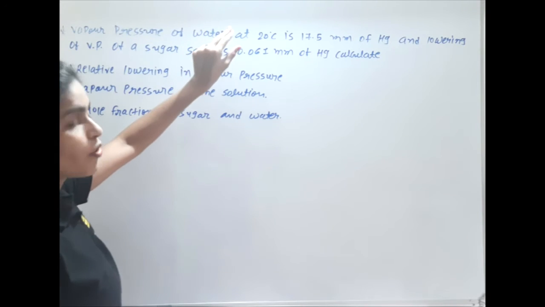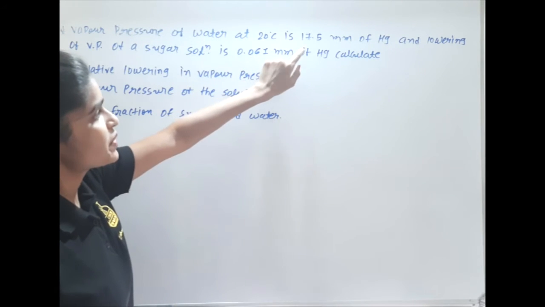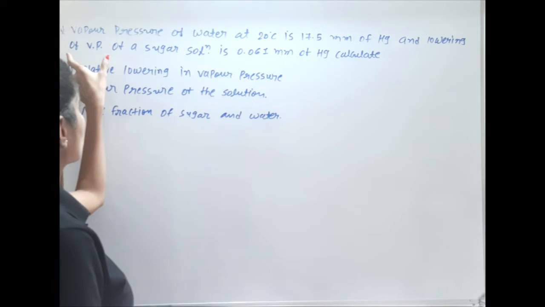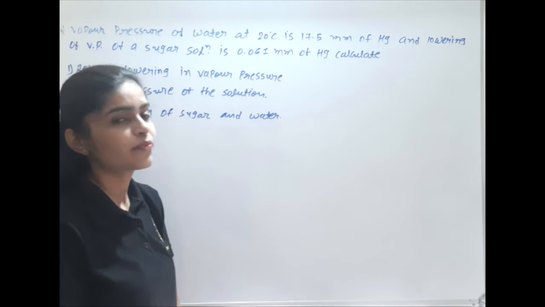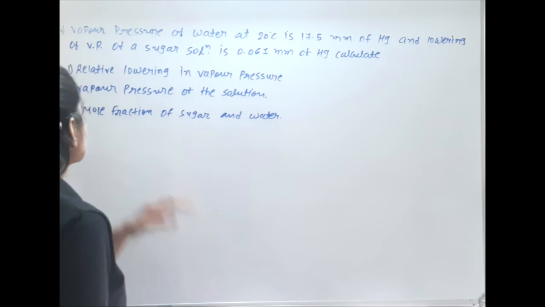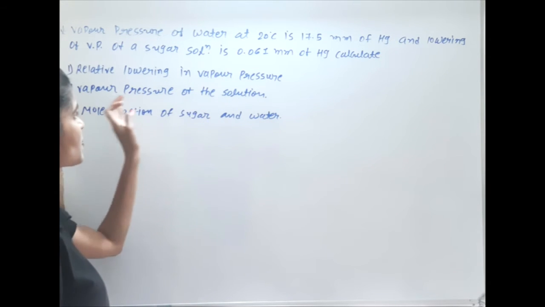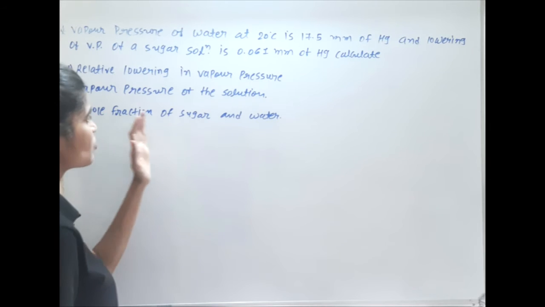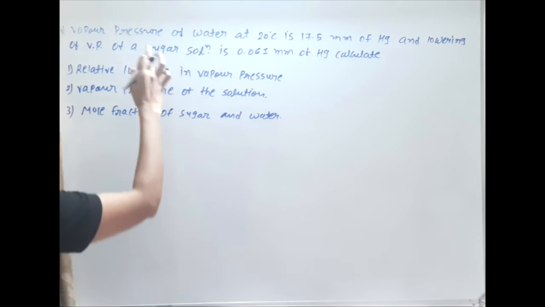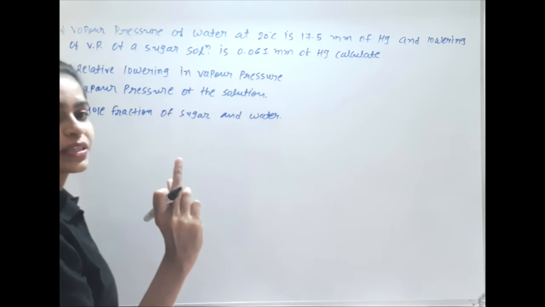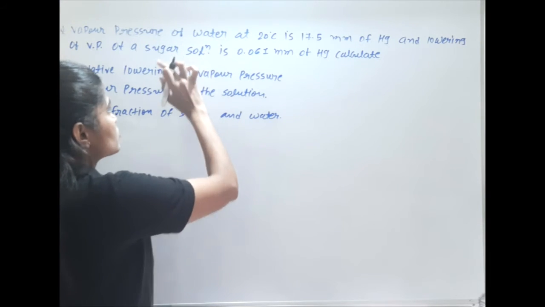The vapor pressure of water at 20 degrees is 17.5 and the lowering of vapor pressure of a sugar solution is 0.061 mm of Hg. Calculate the relative lowering in vapor pressure of the solution, and third, the mole fraction of sugar and water. First, the given data is the vapor pressure of water. We know that in the solution, water and sugar are present.